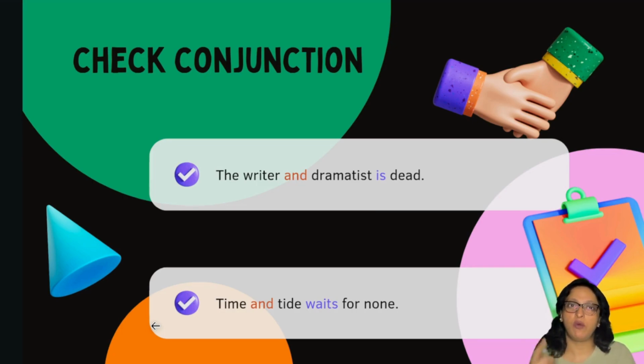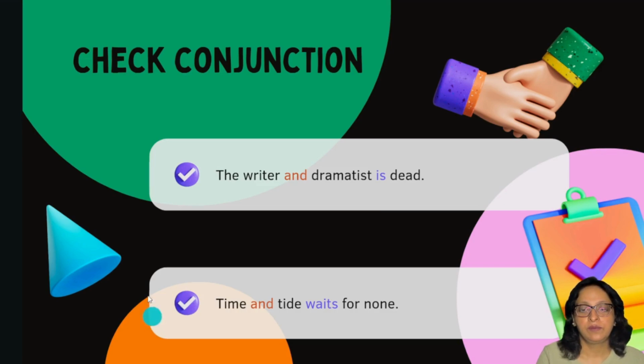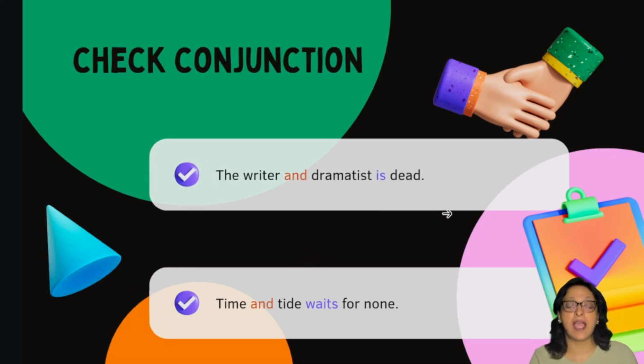The watch will never wait for us. So, time and tide, they convey a single idea. We are talking about time itself and waits for none. Both these things taken as a singular subject, which is like an entity that waits for none. Okay, so what will be the answer here? Time and tide waits for none.